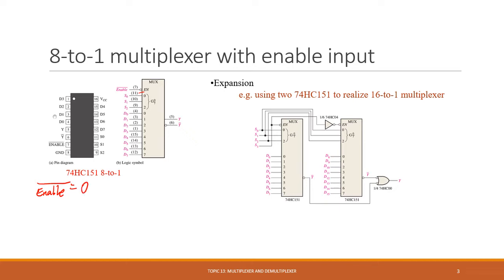You can also say if this is equal to 1, then it doesn't matter what select input or data input you have here, the y always equals 1 and the y bar always equals 0. It's just a fixed value. You have to turn this to 0 for it to work. Then it can do the multiplexing.